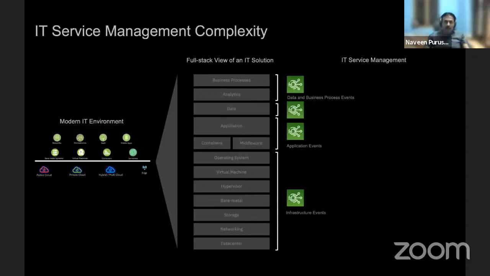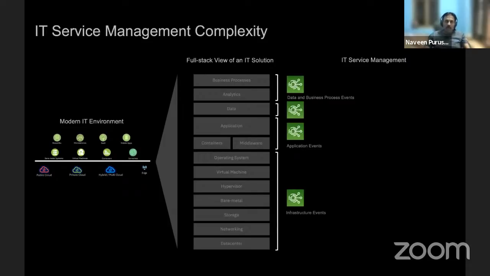Now, in a legacy environment, several of these things did exist, but there was only one such stack. But in the modern IT environment, as we went through in the previous slide, there will be several such stacks, with varying levels of complexity and accountability.